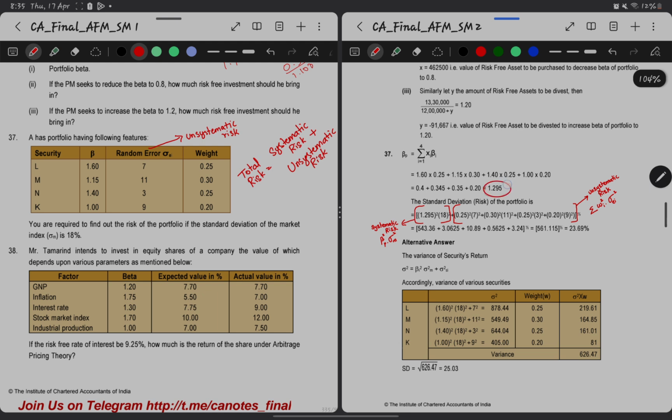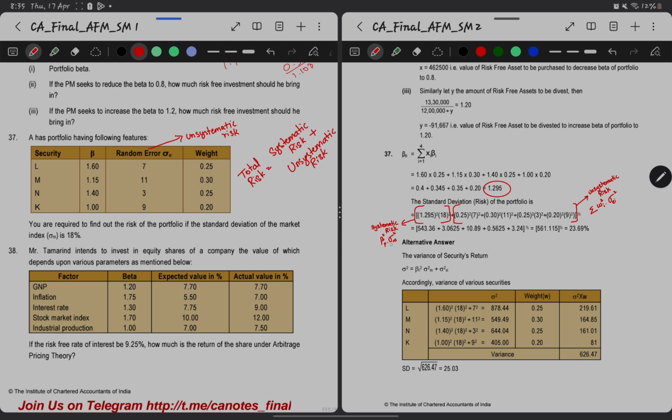In our case, it is 1.295. The beta of the portfolio squared is multiplied by the variance of market return, where 18 is the standard deviation, so 18 squared will give us the variance.